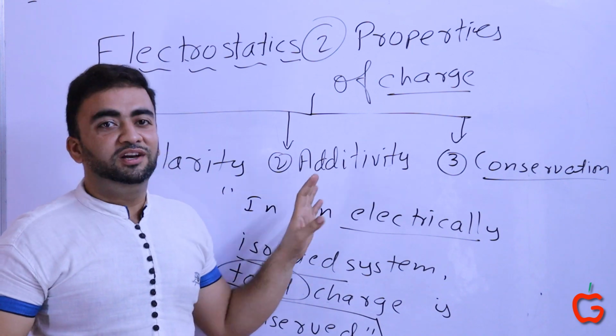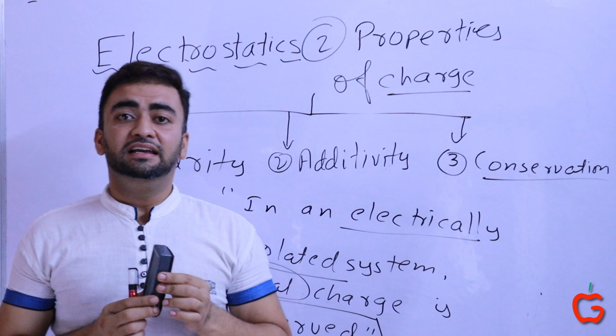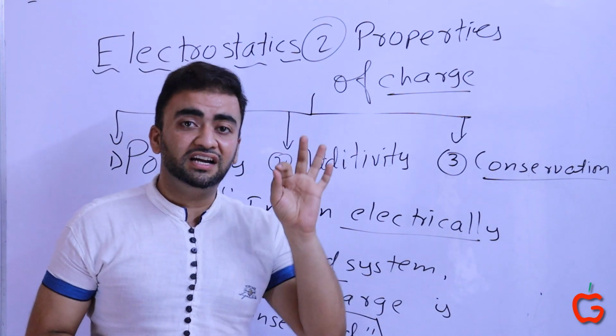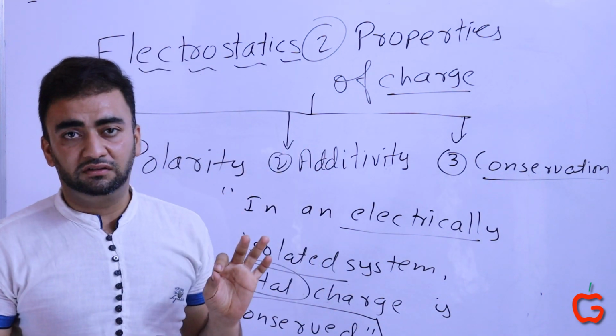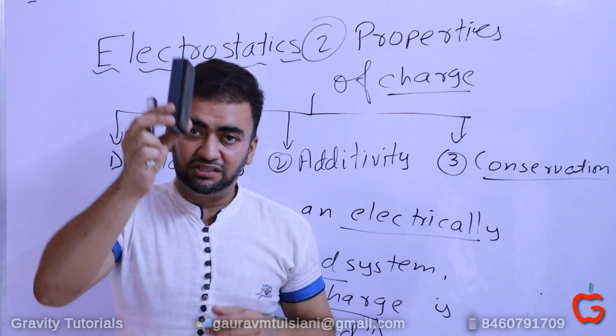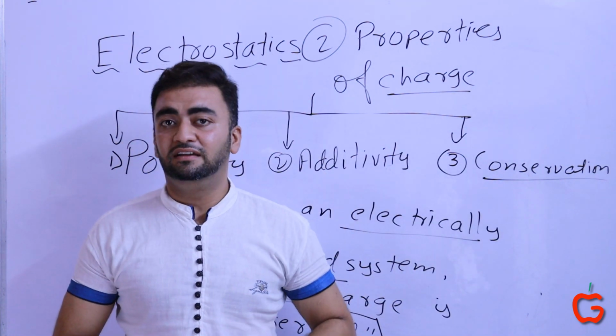Okay, so the law is not wrong. This can happen. But what this indicates is there must be another minus 1 coulomb charge somewhere inside the box, so that the total charge is still 1 plus 1 minus 1, which totals to 1 coulomb of charge only.